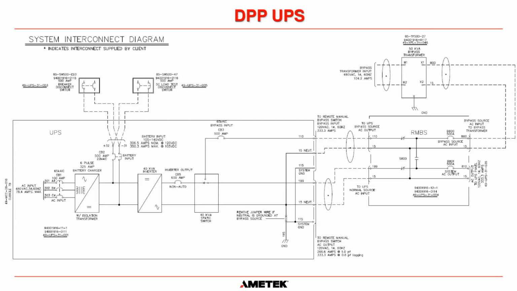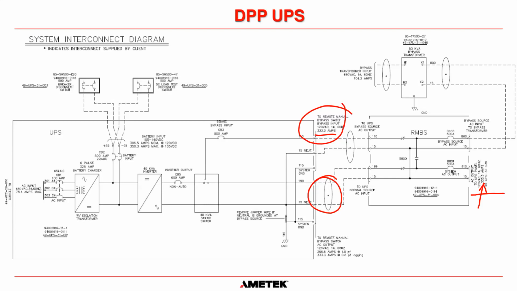Once again, our output is listed here, and you can see that it's 333.3 amps. Well, actually, that's not the output, that's the bypass, my apologies. But the output of the system is identical. You can see it here, 333 amps. So you would have to run cable and obviously take into consideration conduit.